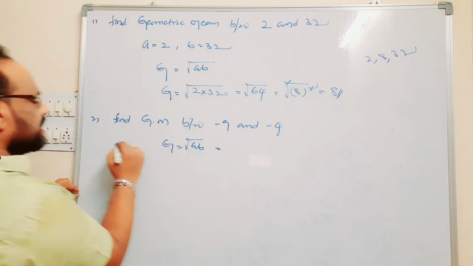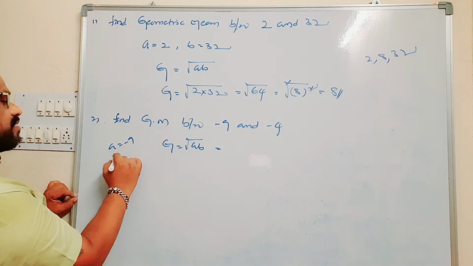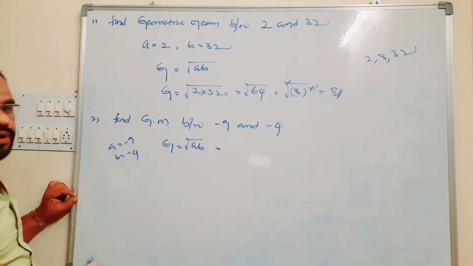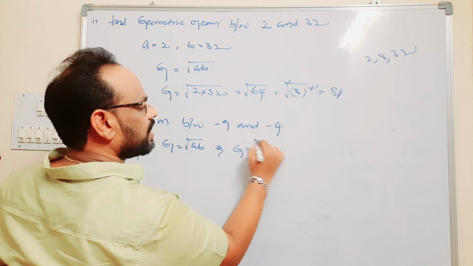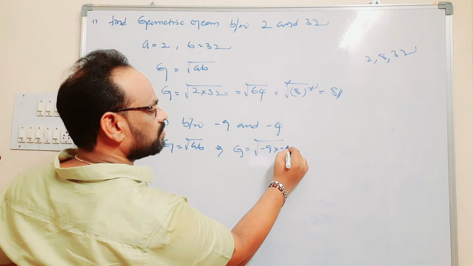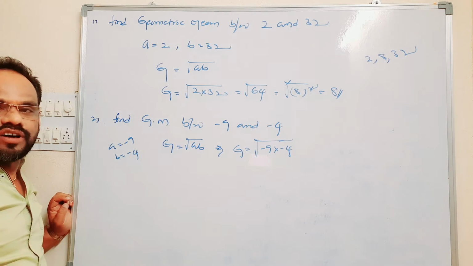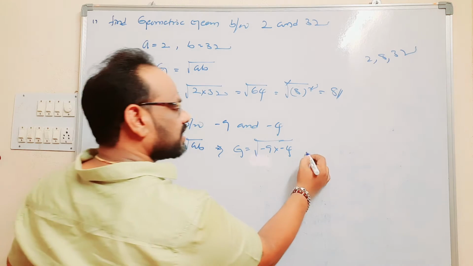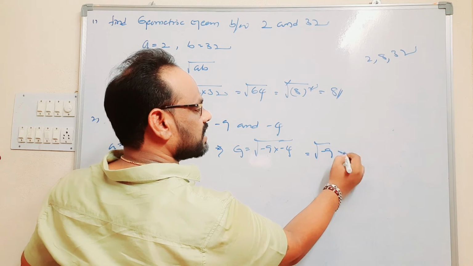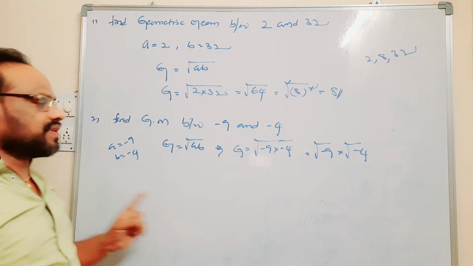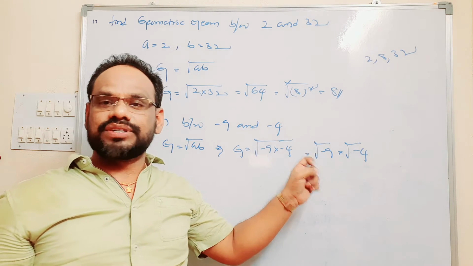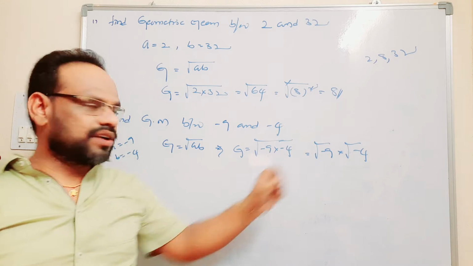Here a is equal to -9 and b is equal to -4. So g is equal to the square root of -9 into -4. The square root of -9 into -4 can be written as the square root of -9 into the square root of -4, using the square root of ab equals the square root of a into the square root of b.